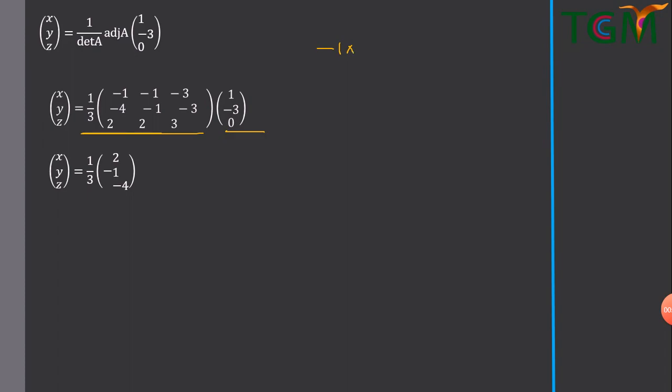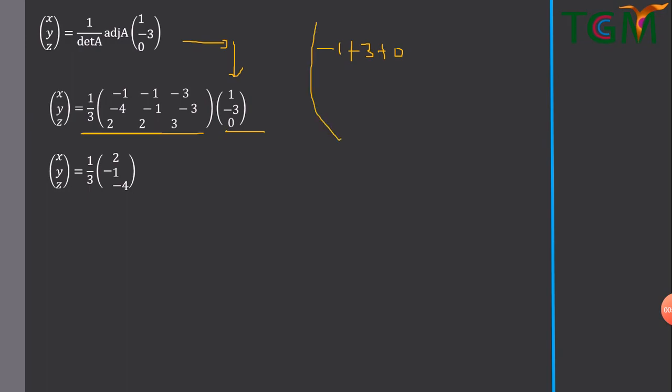When multiplying matrices, multiply row by column. So we have negative 1 multiplied by 1, that should give us negative 1. Negative 1 multiplied by negative 3, that should give us positive 3, plus 3. Negative 3 multiplied by 0, that should give us 0.